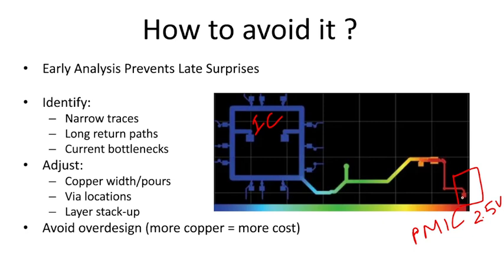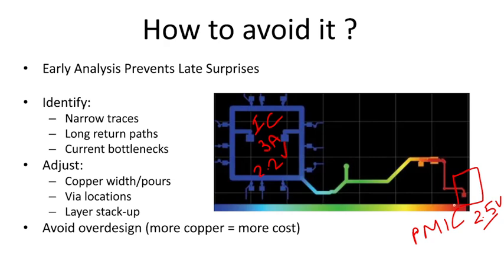Now here, whenever we have a supply of 2.5 volts, and this IC demands 3 amperes of current to operate all its functions, the current travels from here, but because the routing of the trace is very narrow, when we perform the simulation with this setup, 2.5 volts at PMIC and 3 amperes current consumption at IC, which is a sink, we see the supply going through this way, and the moment it reaches the IC, this 2.5 volts becomes 2.2 volts because of the drop.